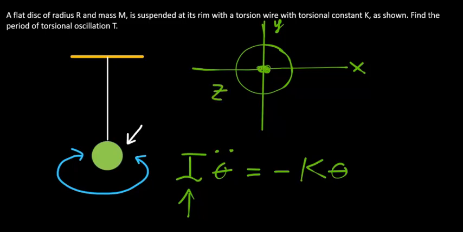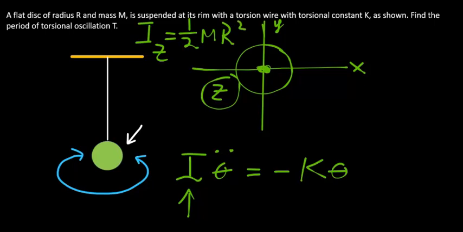As we know, the moment of inertia for such a flat disk of radius R and mass M about the z-axis is given by half M R squared. The moment of inertia for such a disk about the y-axis by symmetry must be the same as the moment of inertia about the x-axis.